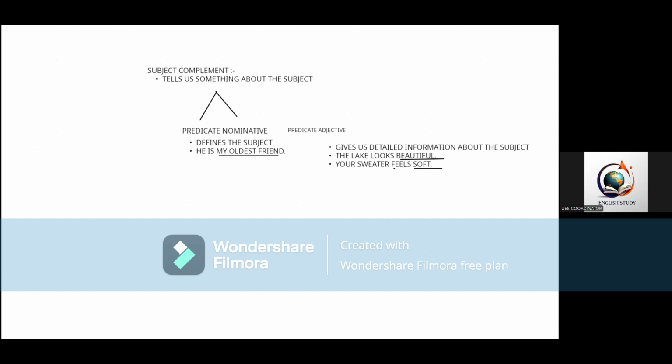So your sweater feels soft. What is the fundamental property?